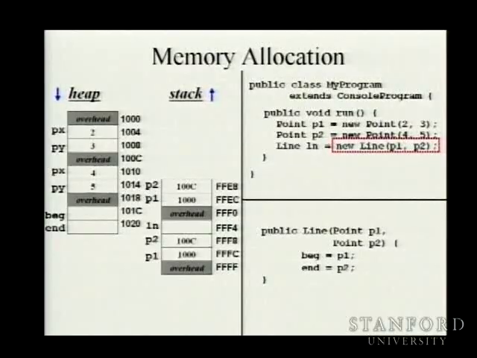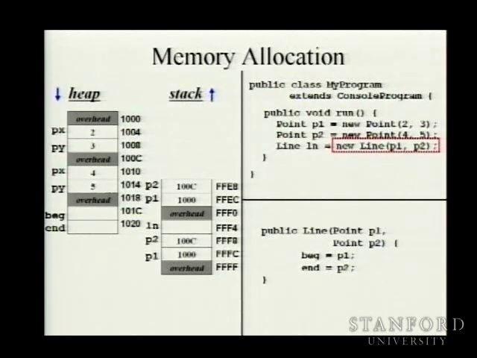Now, we call the constructor method. So actually, I didn't show you this before when we did it for points, but what was actually happening when we called the constructor is just a method, just like any other method. Except the constructor doesn't have a this pointer associated with it because it hasn't created the object yet. It's still in the process of creating the object. What it does have, though, is the parameters that get passed into it. Well, what are the parameters that get passed in there?